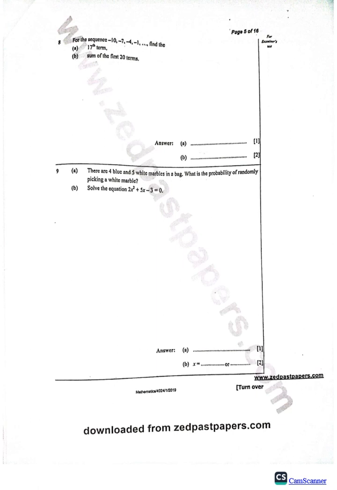Now question 8, for the sequence negative 10, negative 7, negative 4, and negative 1, find the 17th term. So let's first look at the sequence. So the sequence is negative 10, our first term. Negative 7, our second term.